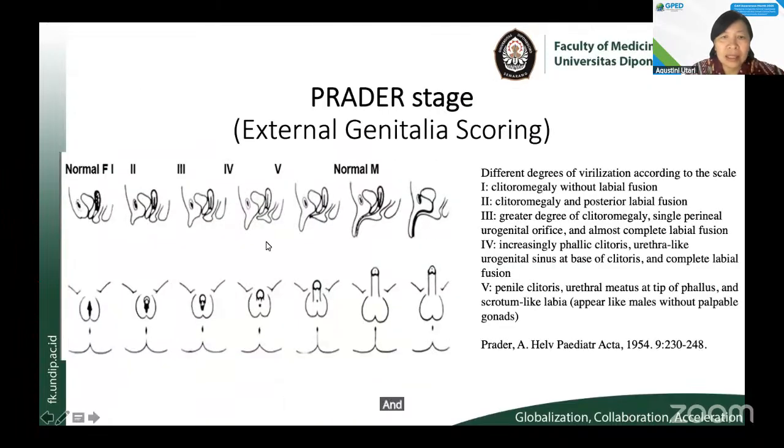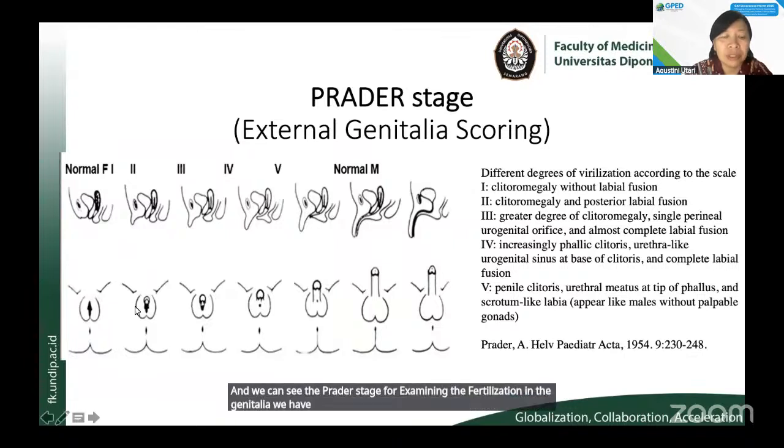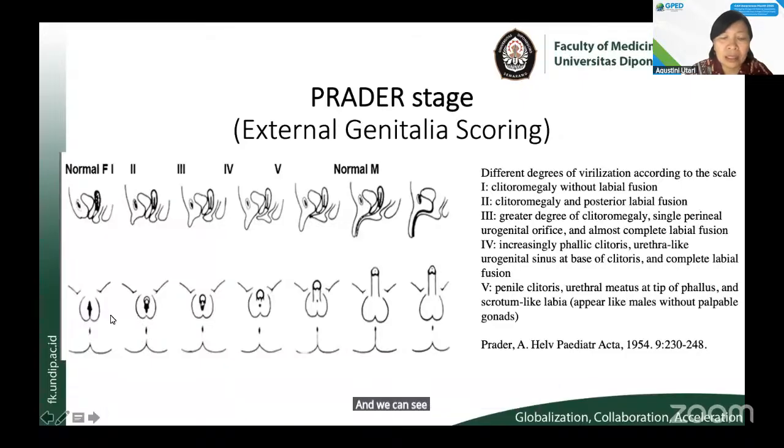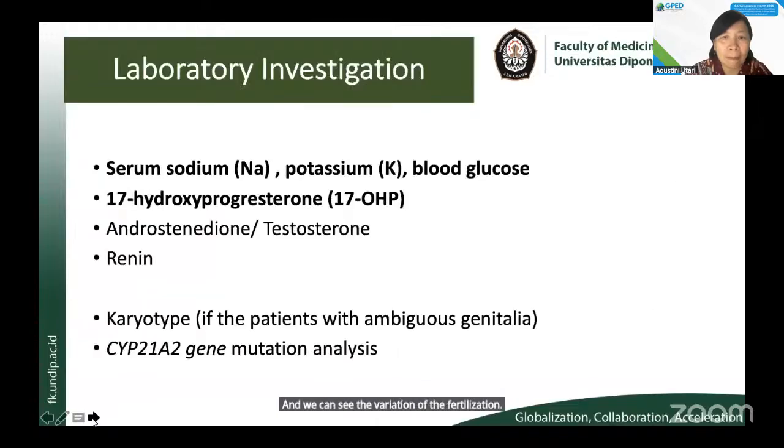And we can use the Prader stage for examining the virilization of the genitalia. We have Prader 1, 2, 3, 4, 5, and we can see the variation of virilization in the baby.